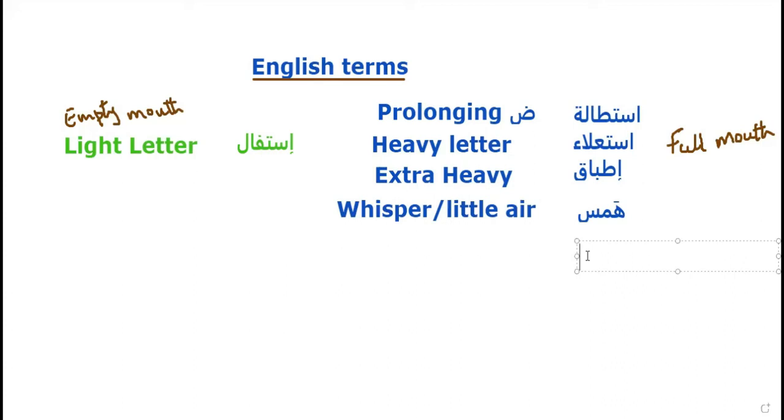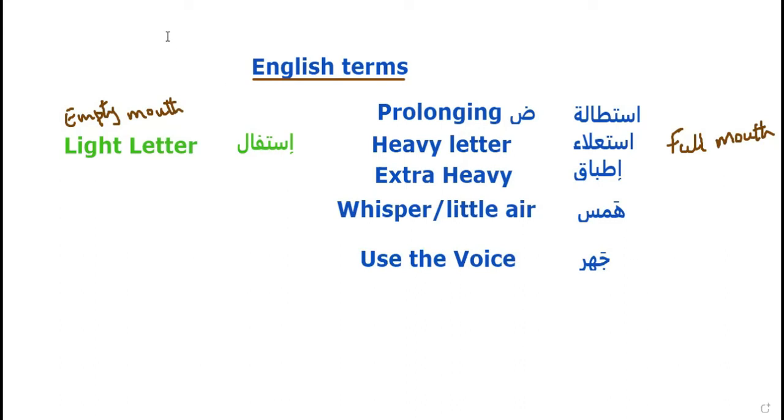The opposite of hams is jahr. Jahr is where you use the voice. Okay. So, for example, if someone says وإذ قال, they say وإذ قال.